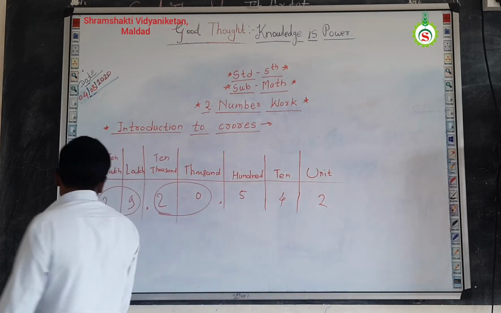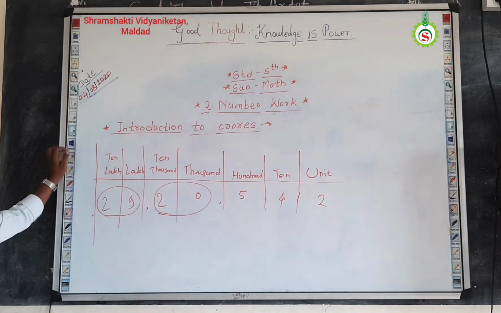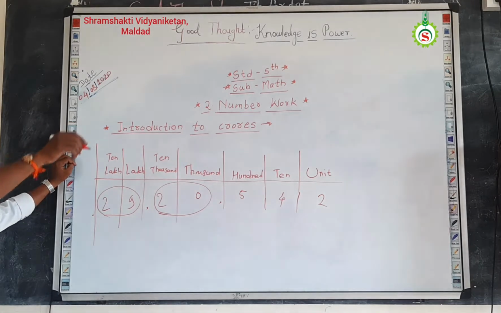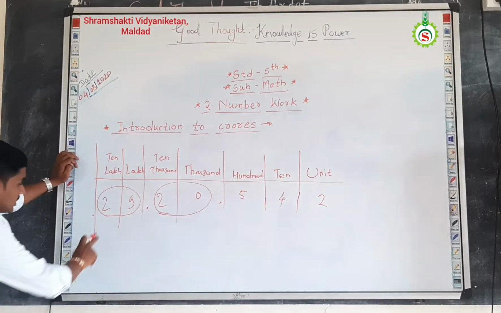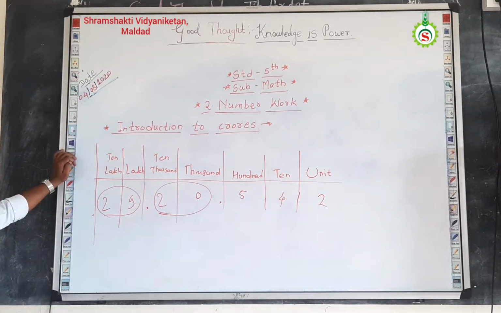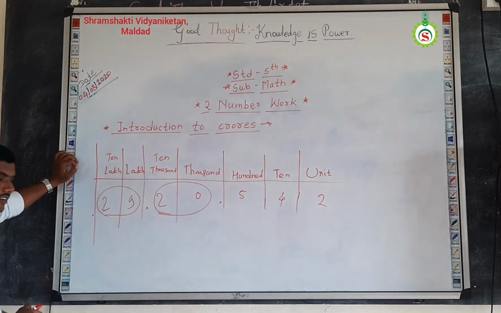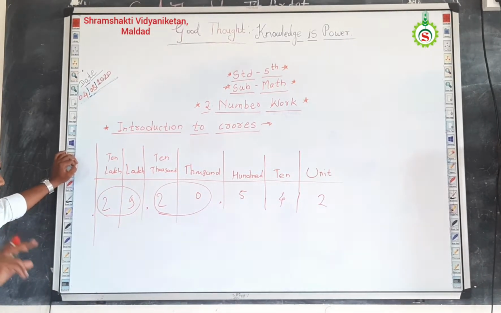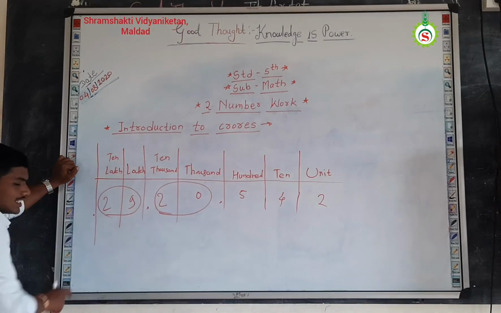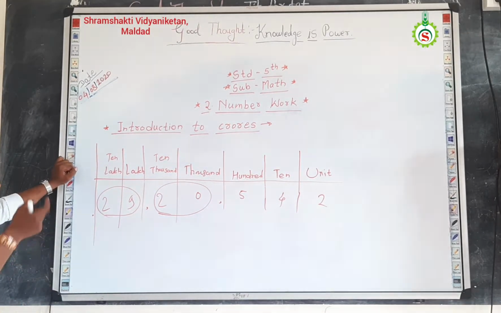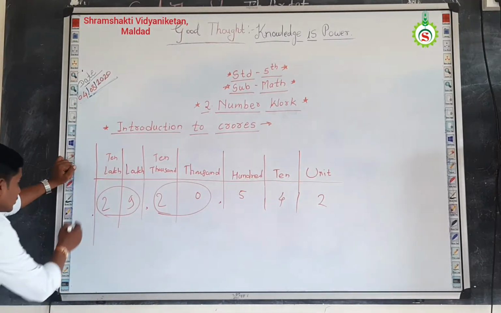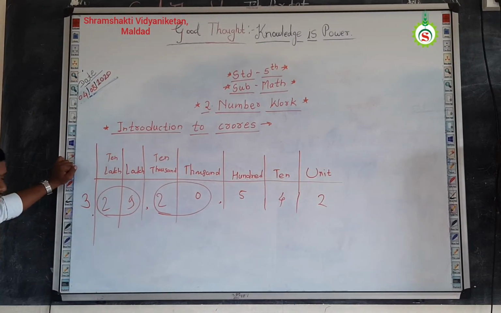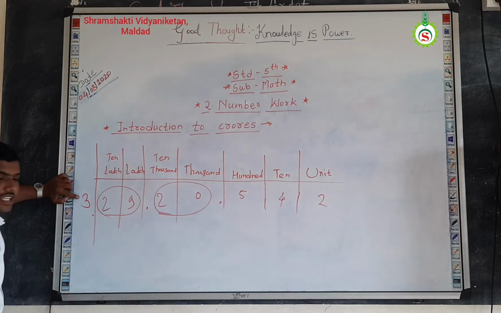Now suppose I want to take a number which contains 8 digits. This number contains 7 digits, and I want a number with 8 digits. So I have to add one more digit. I will add one more number here, that is 3.